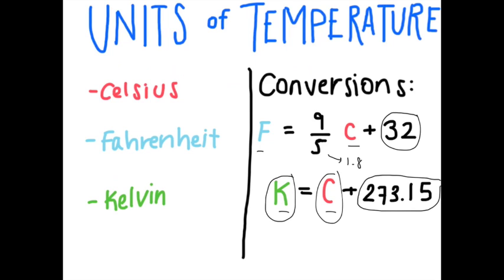So in other words, if we have a certain temperature in Celsius, let's say it's 2 degrees, and we're trying to convert to kelvins, we'll add 273.15 to get 275.15 kelvins. If we increase the temperature in Celsius by 1 degree, still adding on the same factor, we'll end up with 1 degree greater in kelvins, 276.15 degrees.